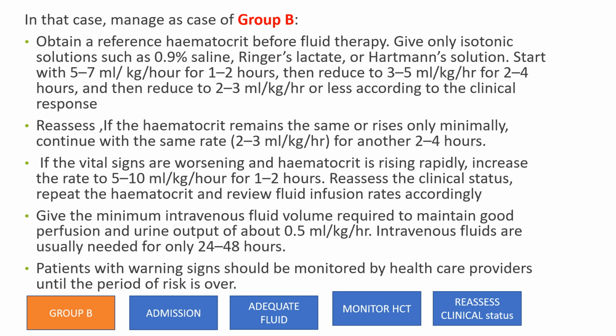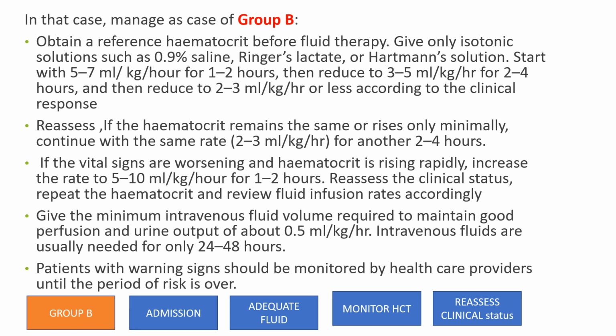You have to reassess the situation, whether the hematocrit is improving or not, for another 2 to 4 hours, and if not, continue with the same rate. But if it is worsening, the hematocrit is rising, you have to increase the fluid rate to 5 to 10 ml per kg per hour for 1 to 2 hours, and again reassess the clinical status.